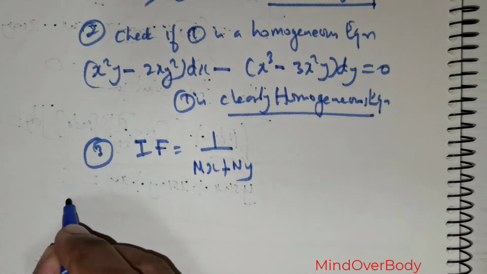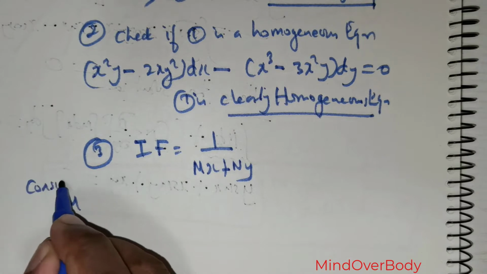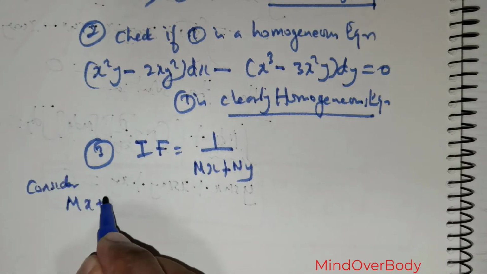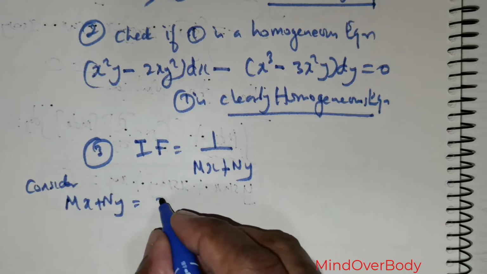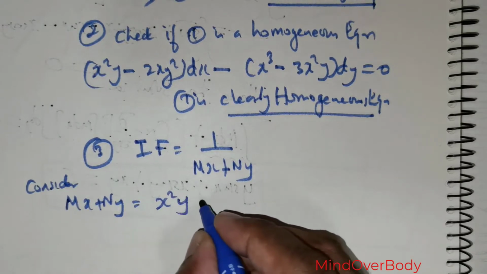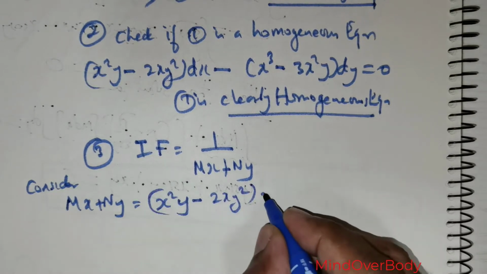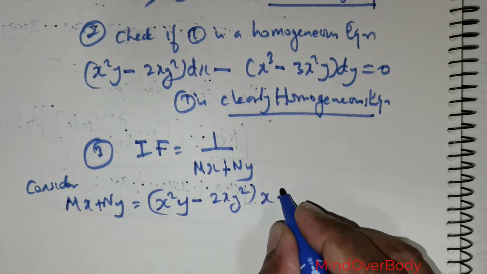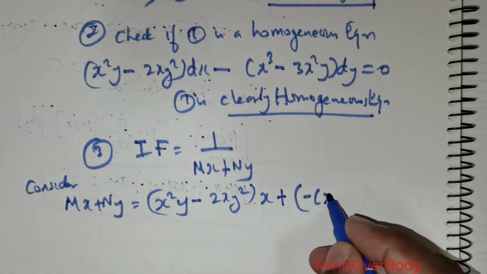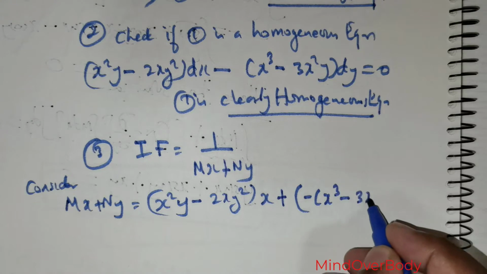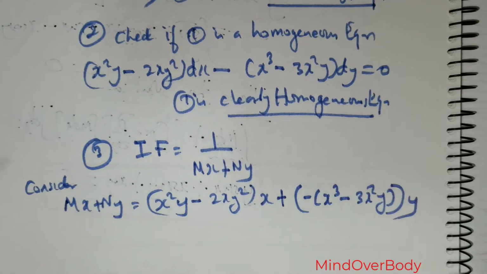Let me find out what M x plus N y is equal to. As I mentioned, I know my M, which is x squared y minus 2 times x y squared. This has to be multiplied with x. Plus my N, which is negative of x cubed minus 3 times x squared y. This has to be multiplied with y.